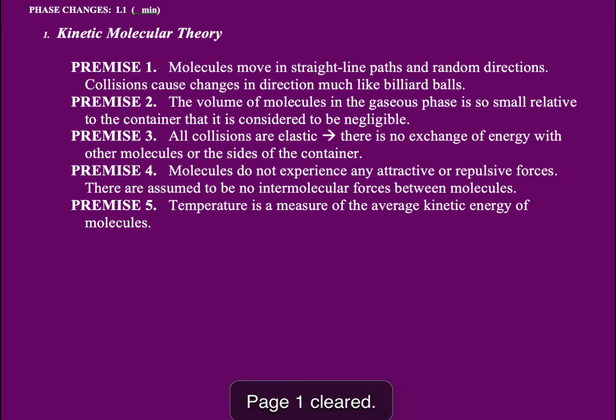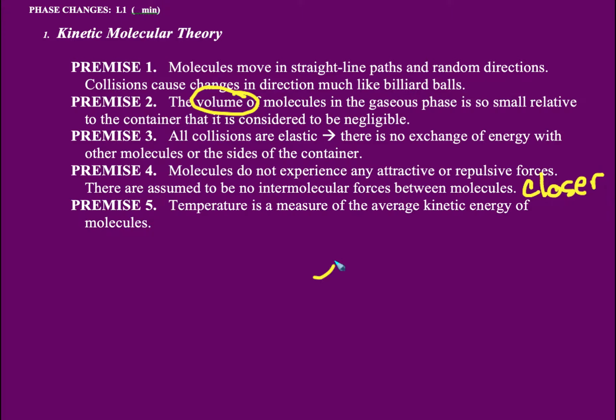Now, as molecules get larger and as molecules get closer, they start to go to the liquid phase and then ultimately to the solid phase, because they get closer together and their attractions get stronger and stronger, so they pull together tighter and they change phases.